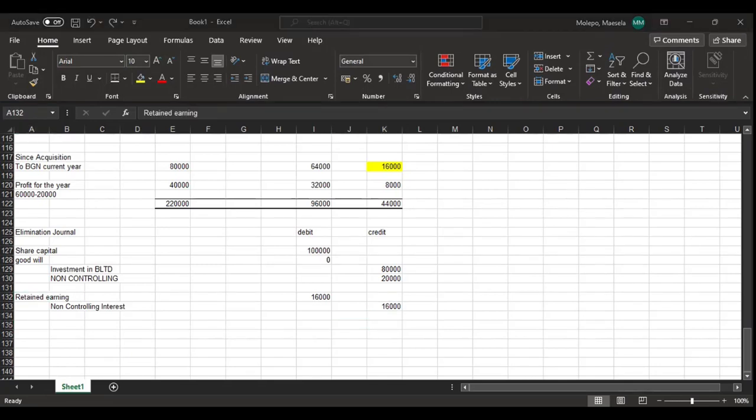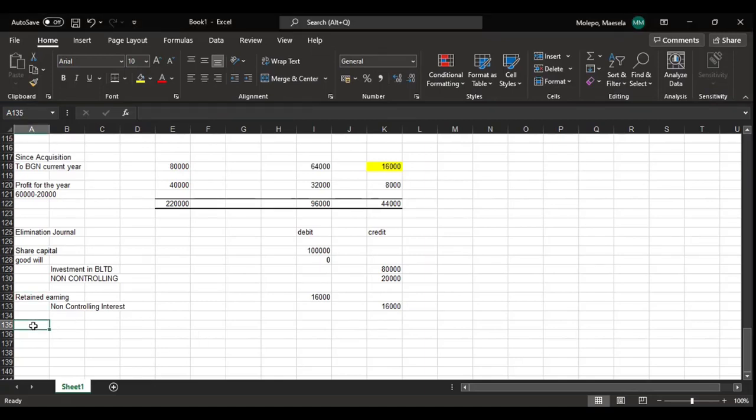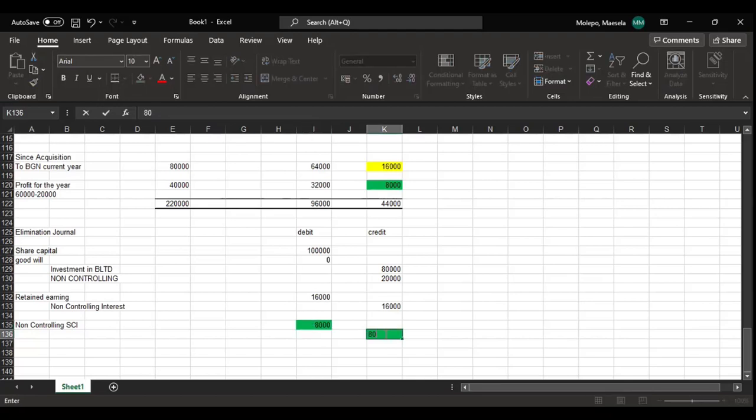Now I show you what I wanted to. The NCI, the non-controlling SFP, the non-controlling SCI. Non-controlling SCI, it will be this. So it's the one that's gonna be plugged here. $8,000 and 8,000.